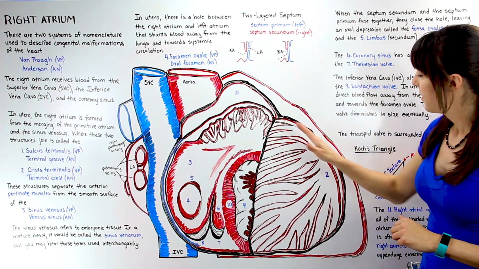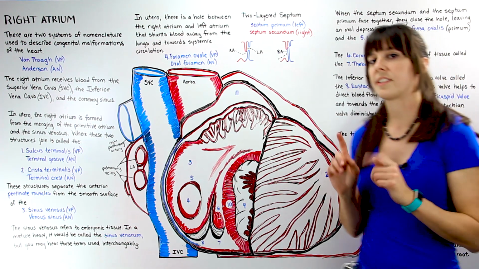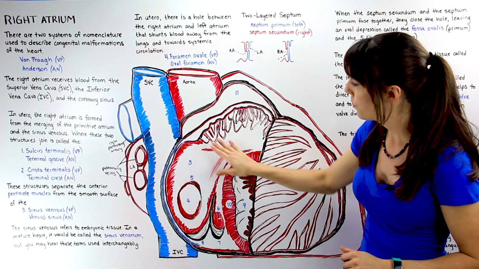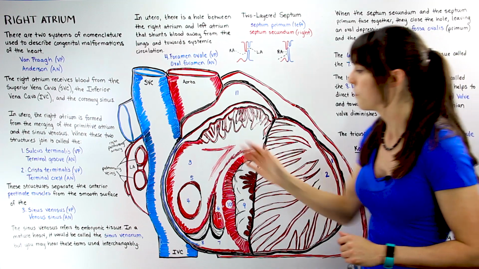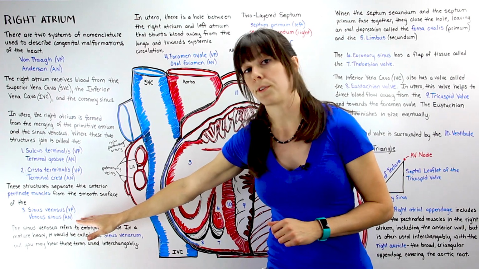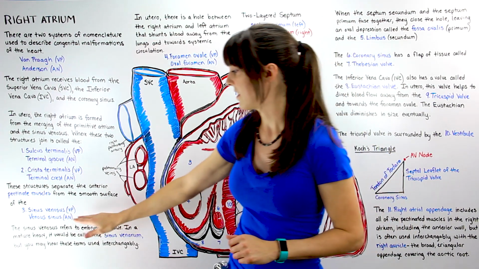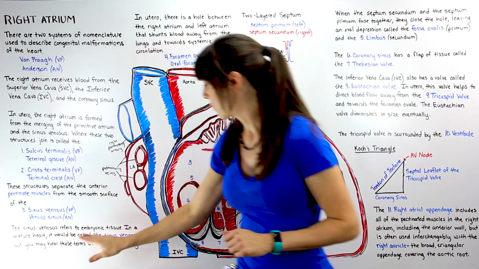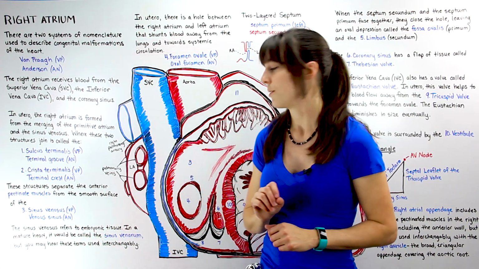Now, the crista terminalis helps to separate this pectinated muscle, and this is on the anterior side, from the smooth posterior side, which is called the sinus venosus, or the venous sinus according to Anderson. The sinus venosus refers to the embryonic tissue though.